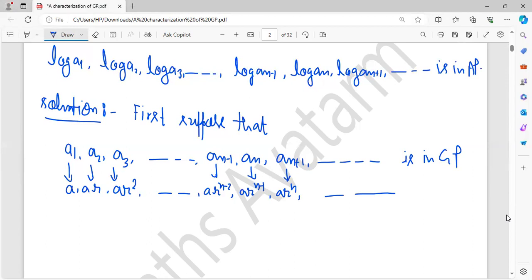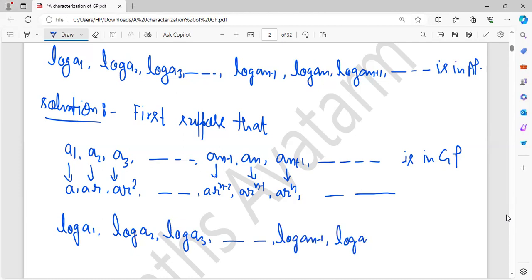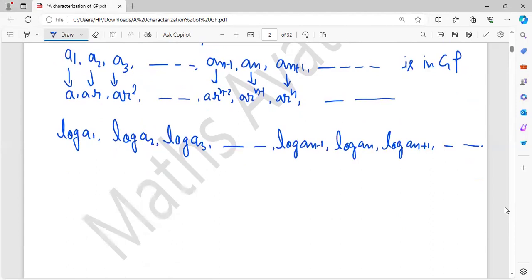Now we are to show that log a1, log a2, log a3, log an minus 1, log an, log an plus 1 is in AP. So we have to check the common difference. If this common difference is the same, then it will be in AP.